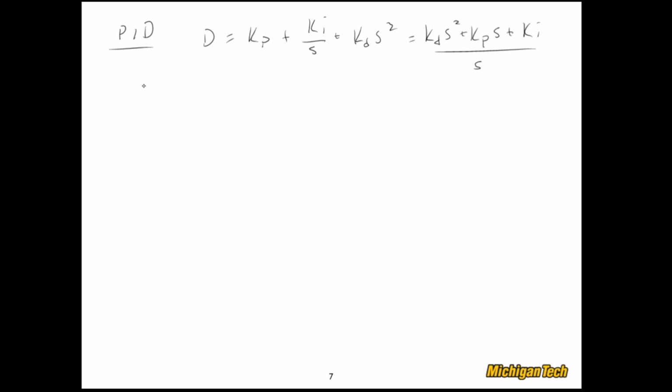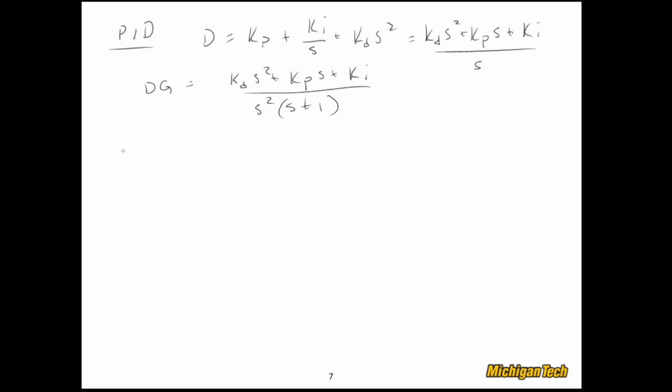It all works because our plant is of sufficiently high order. So here's our forward path, our loop transfer function in this case: (Kd s squared plus Kp s plus Ki) over s squared (s plus 1).